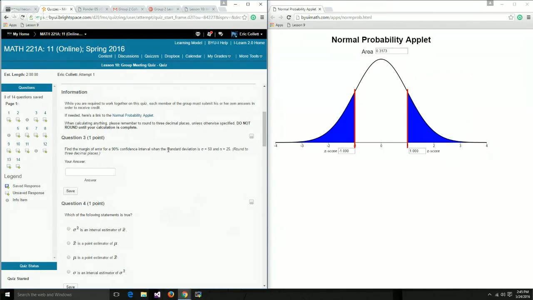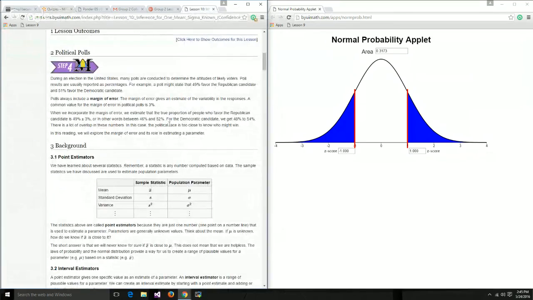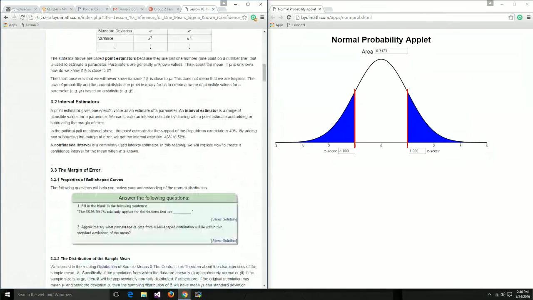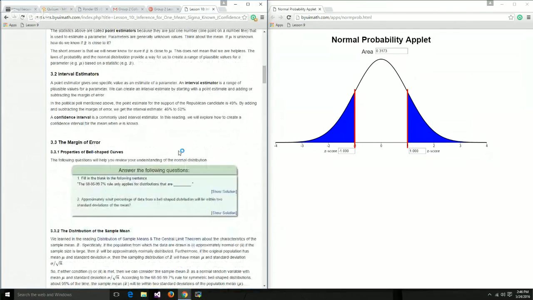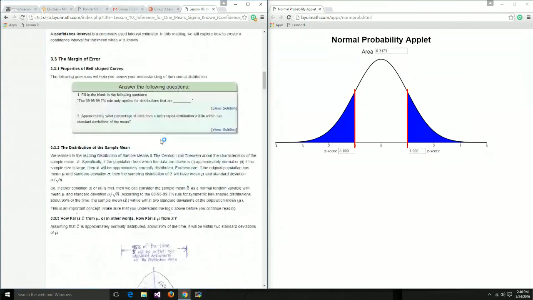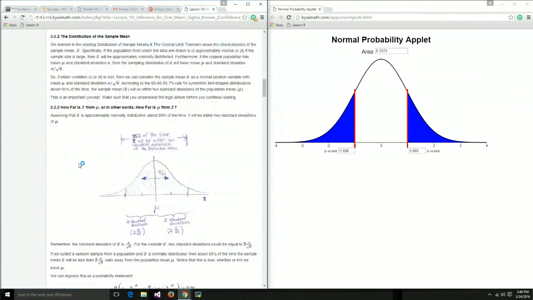Lucy, do you know what the formula is? I used the margin of error formula: the z-score times the standard deviation divided by the square root of n. So I came up with 16.45.